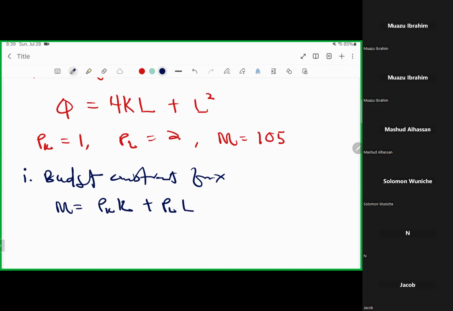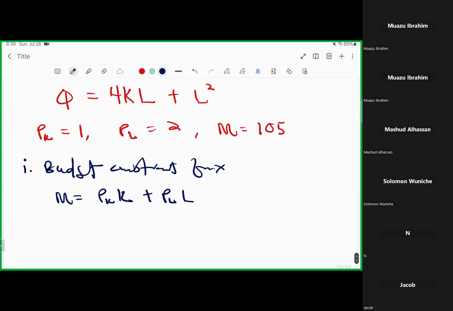This is the budget constraint function. But from the question, M is 105. And you can simply rewrite this as price of K plus price of L is equal to M.